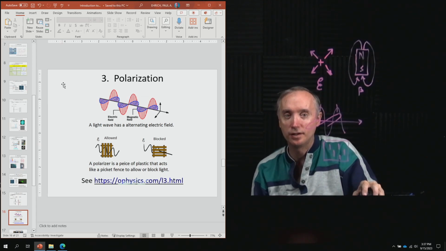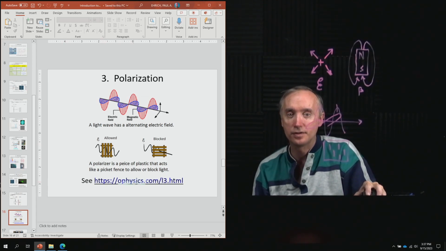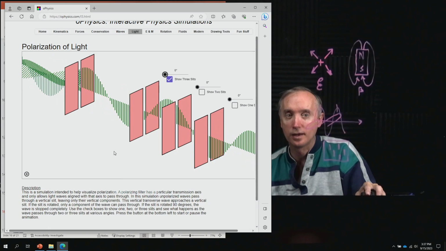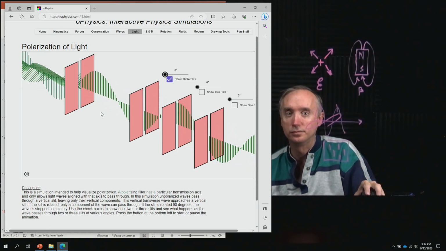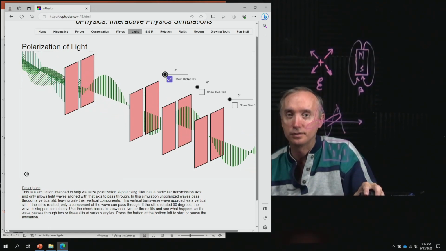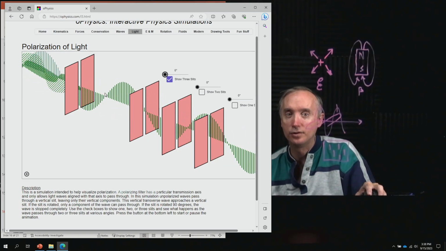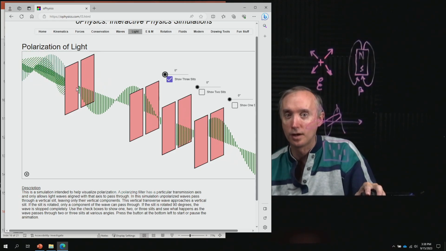So if you want to see it in action, you've got this thing here, optics.com, and I just happen to have it here. This is showing light, and it's going through this first slit, and now notice that it's being polarized.